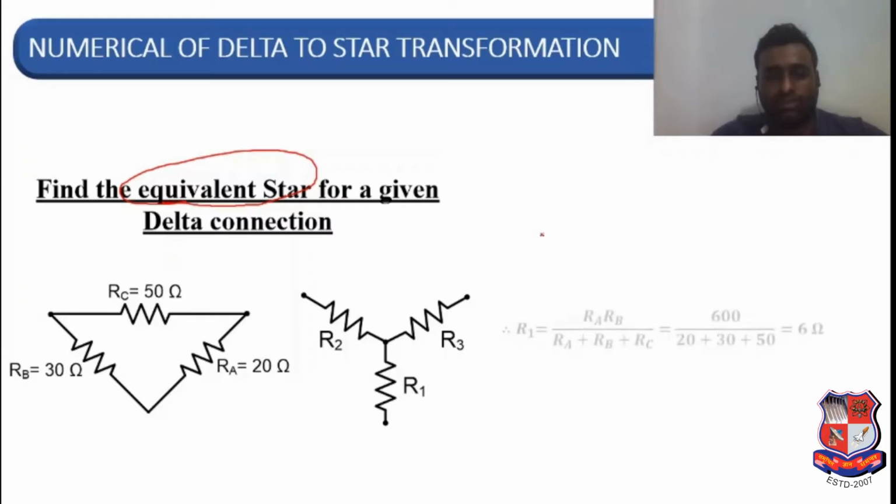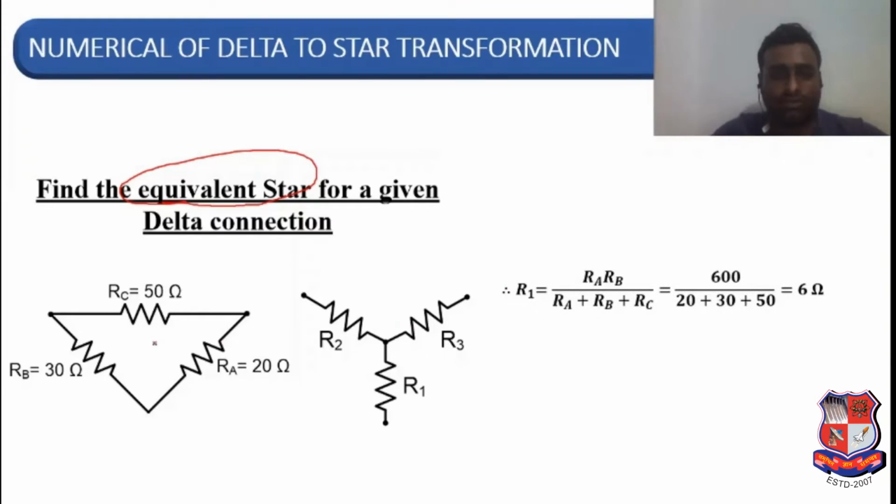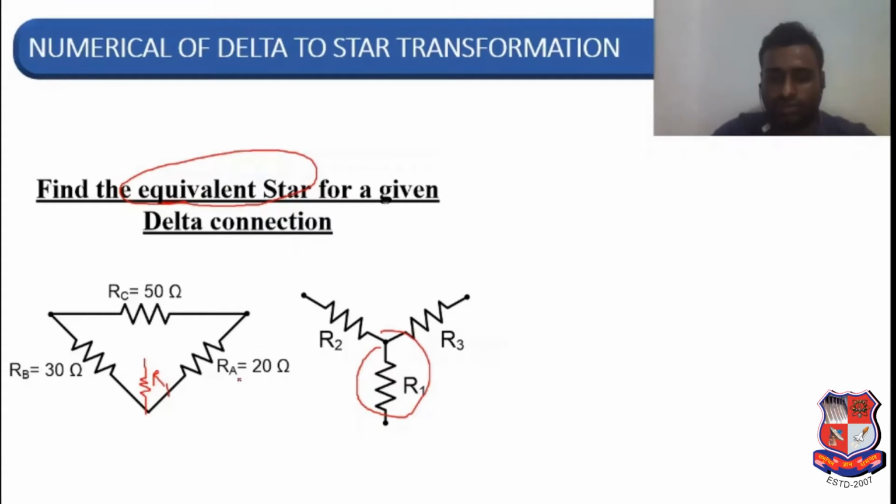So let us see. We now know the formula of R1. You know that this is resistance R1, so what are the neighboring resistances? It is RA and RB.